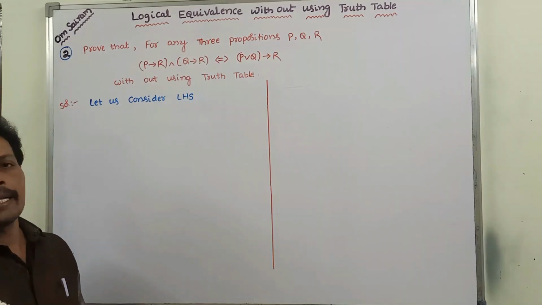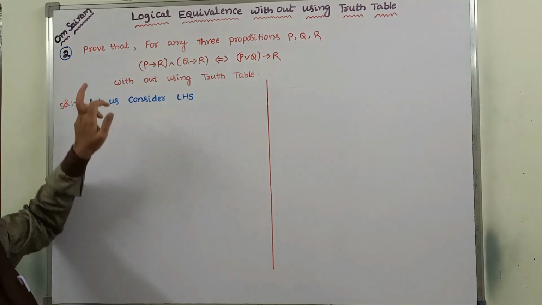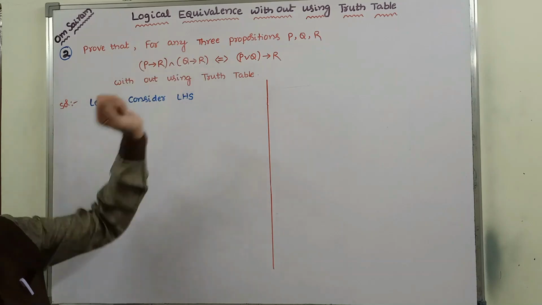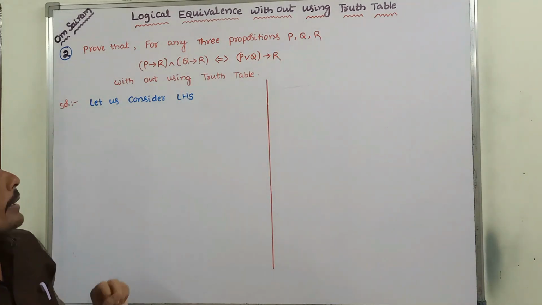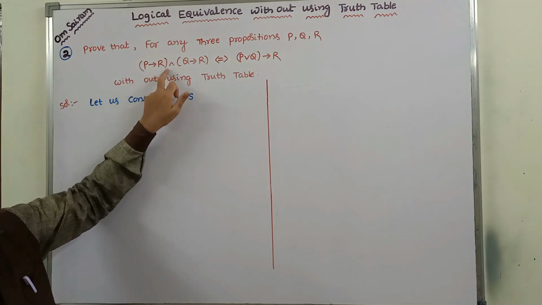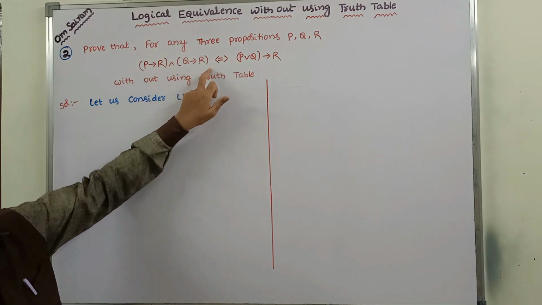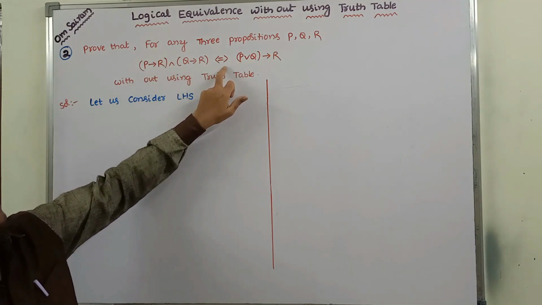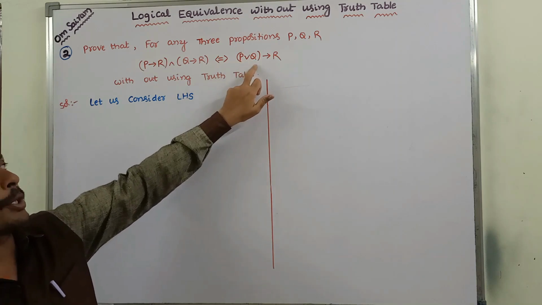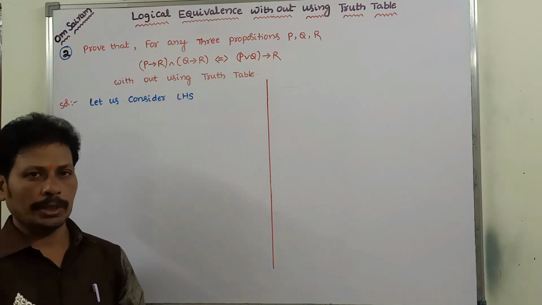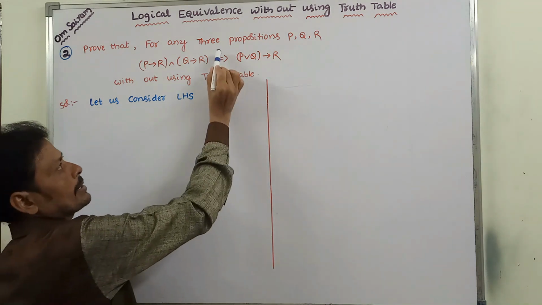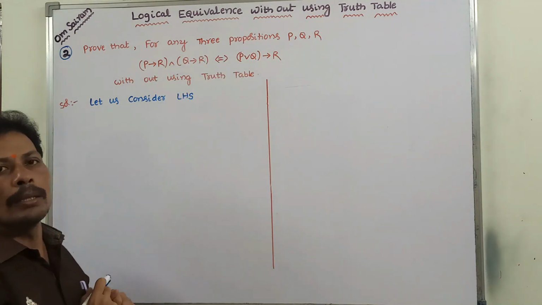The second example problem is: prove that for any three propositions P, Q, R, (P → R) ∧ (Q → R) is logically equivalent to (P ∨ Q) → R without using a truth table. This is the logical equivalence symbol.